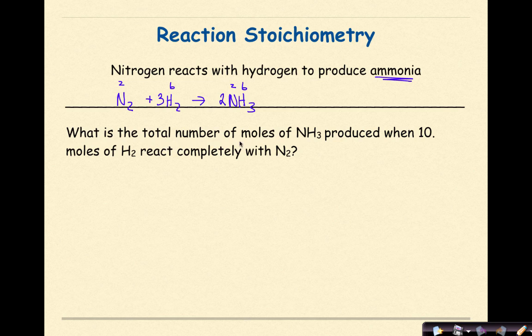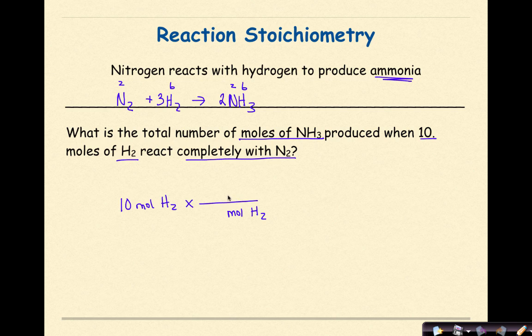What is the total number of moles of NH3 produced when 10 moles of H2 react completely with N2? 10 moles of H2. So I'm going to take that 10 moles of H2, which is my only given, multiplication sign and a line, moles of H2 on the bottom.